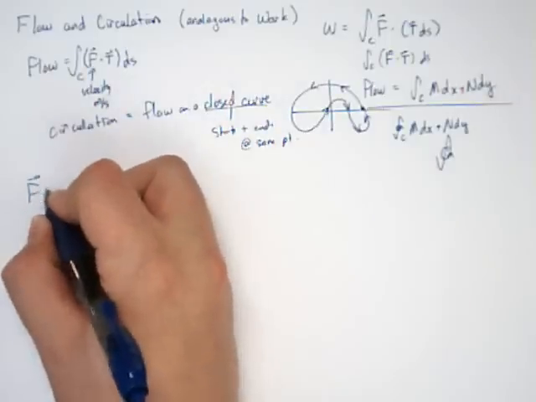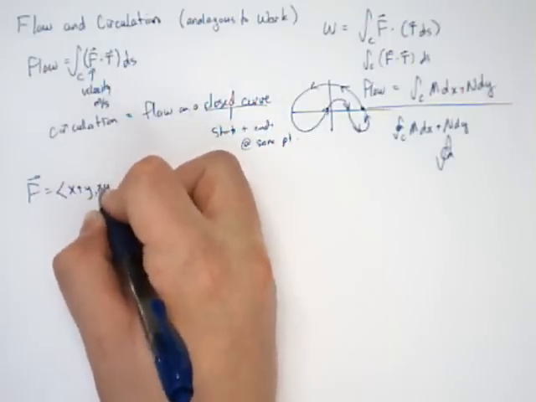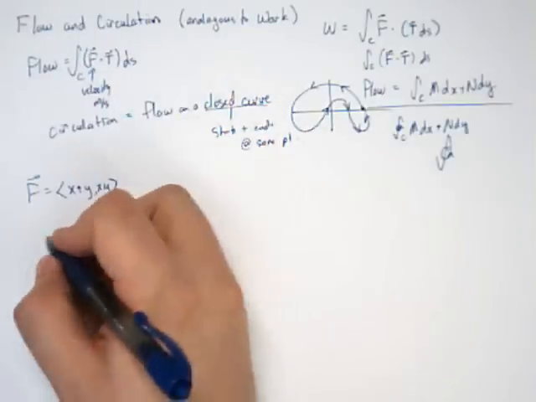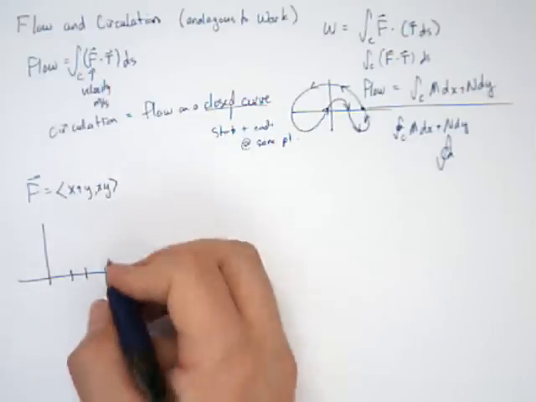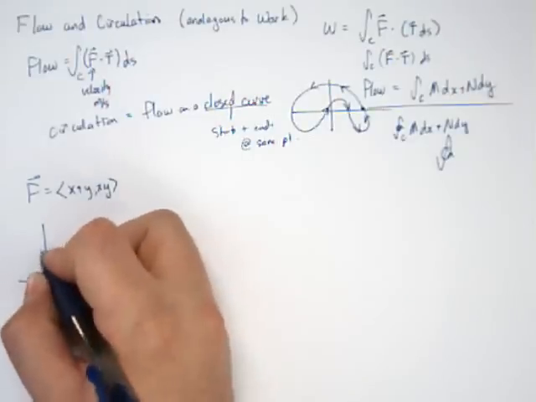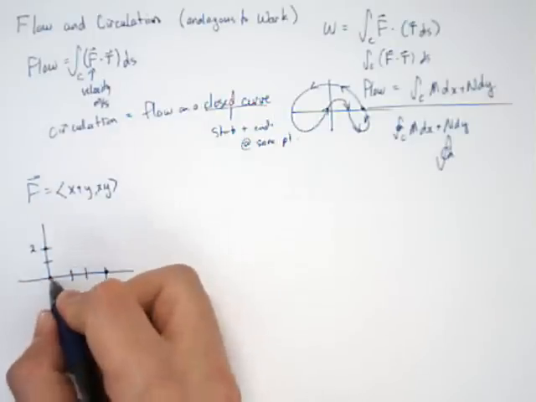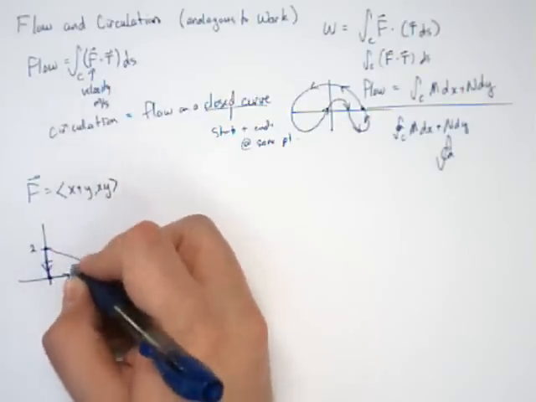Let's take an example. Suppose our vector field is F = ⟨x + y, xy⟩. Let's find the circulation along a curve, and here is our curve. We're going to take a triangle. We're going to go over 3 units in the x, up 2 in the y, and we'll have the other point be the origin. And we're going to go along this curve.